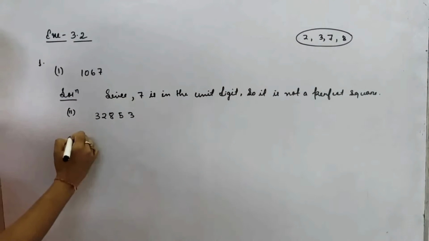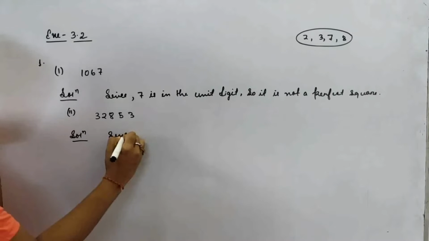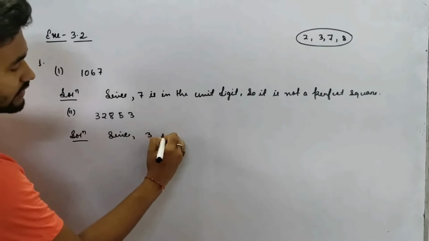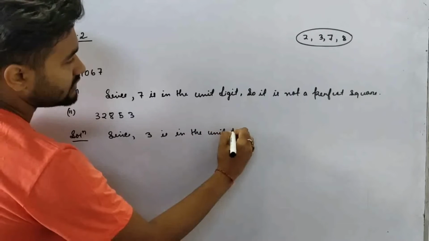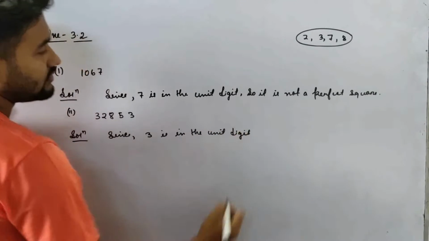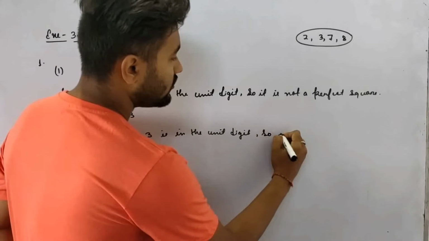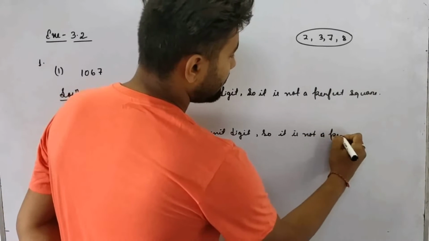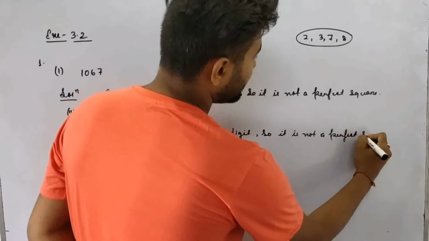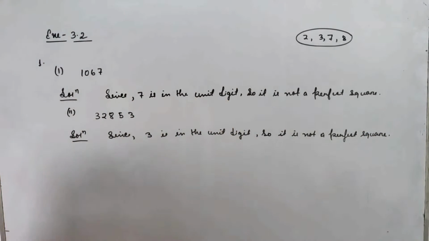So again same reason: since 3 is in the unit digit, so it is not a perfect square. Understood?